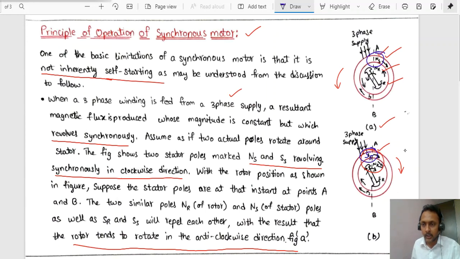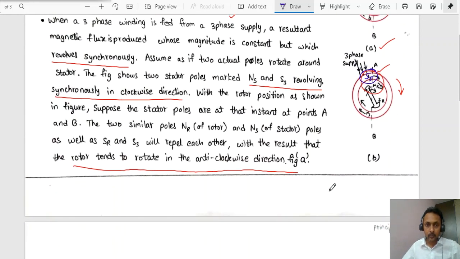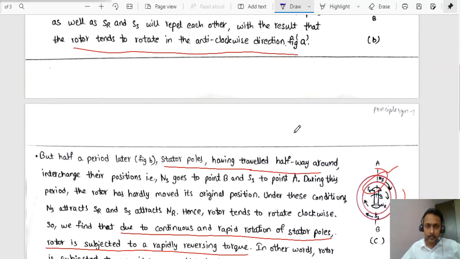But the rotor has not changed its position. By the time the stator has changed, the rotor has not yet changed its position. Because of that, what happens? Again, it experiences a torque. But this time, this torque makes the rotor rotate in which direction? Clockwise direction. So like this, it is experiencing alternating torque, right?